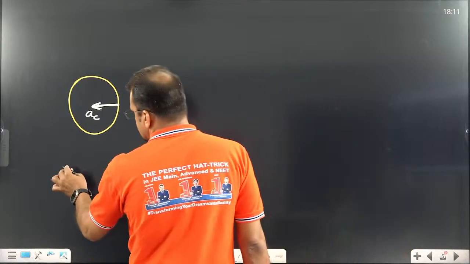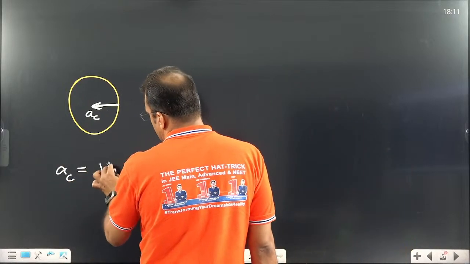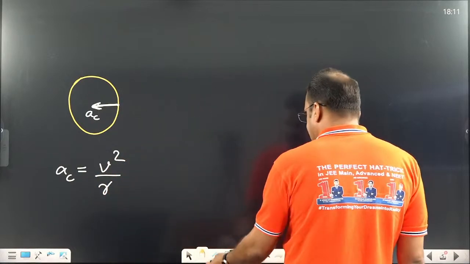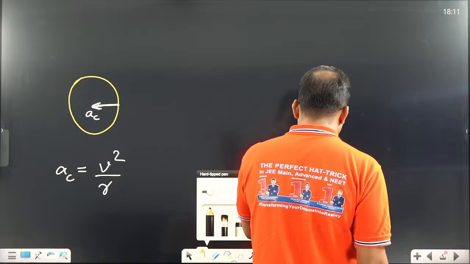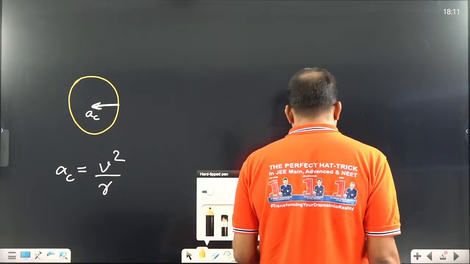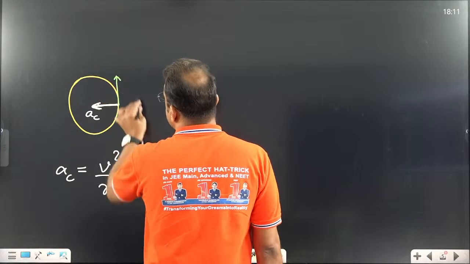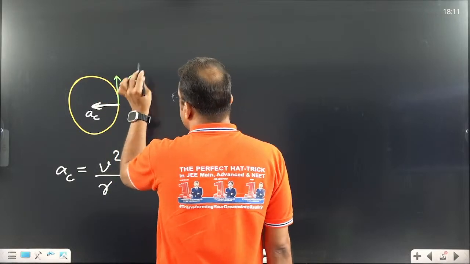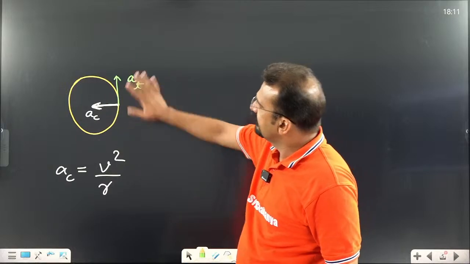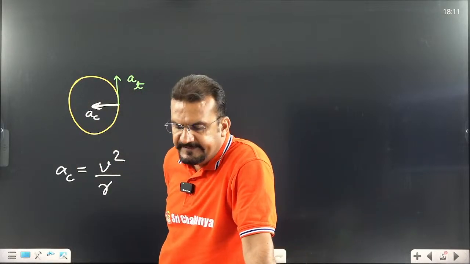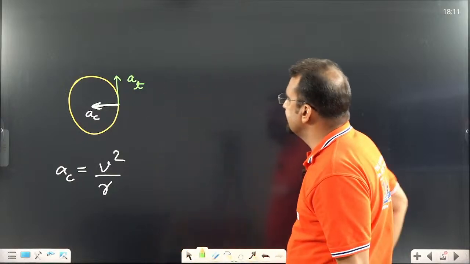You know that this acceleration is equal to v square divided by r. Second, there is tangential acceleration, which is along the tangent. I will explain in detail, but let us assume this AT in the tangential direction. So AC and AT, two accelerations are there.